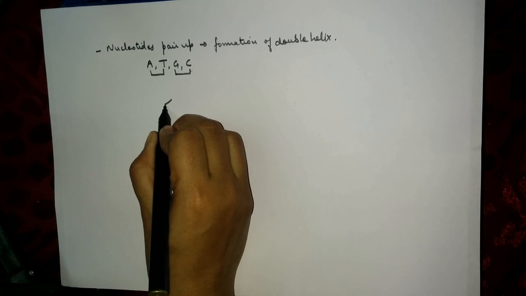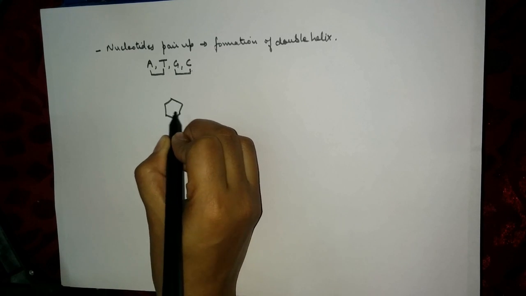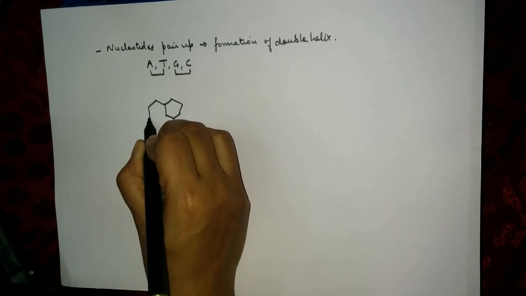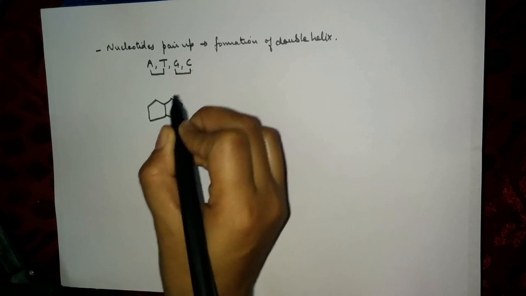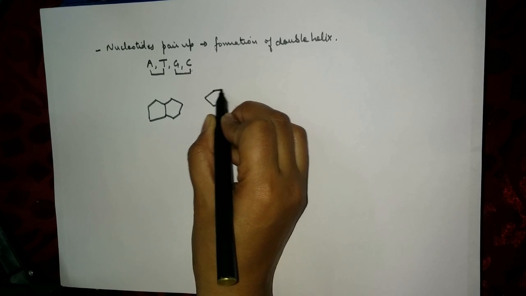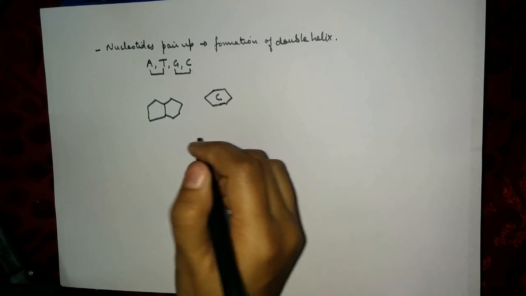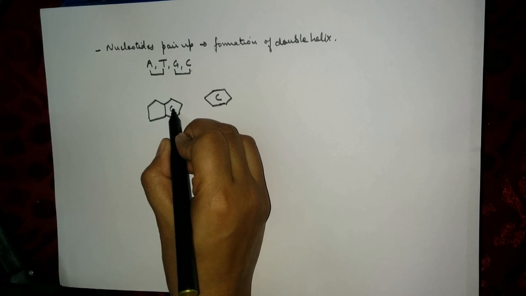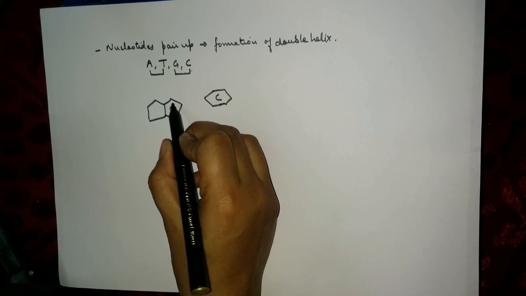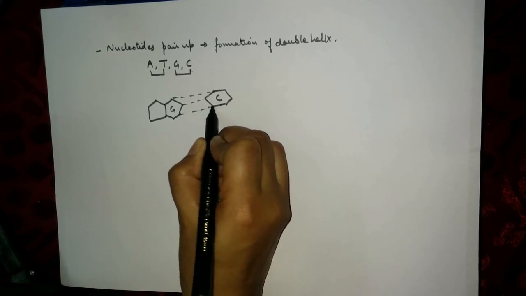Let me illustrate it like this. Suppose this is cytosine, which is a pyrimidine, and this is guanine, that is a purine. And there is a formation of 3 hydrogen bonds between them, like so.